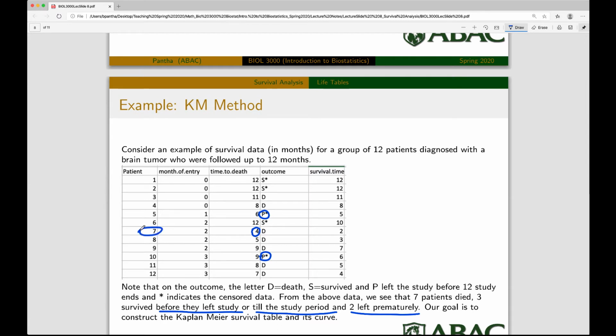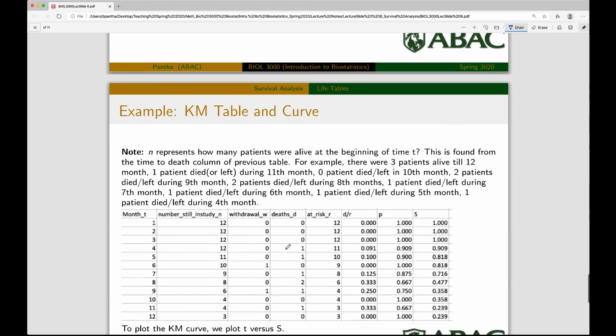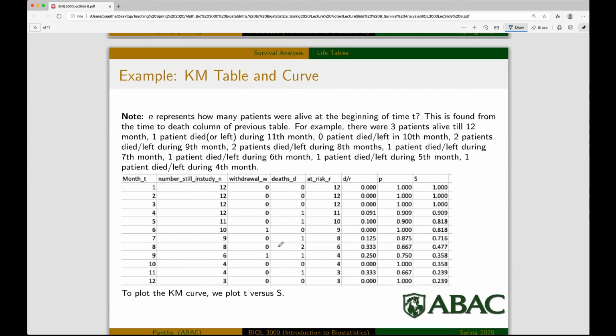Patient 7 died on month 4, right? It is D. And patient 8 died in month 5. So one patient died between month 4 and 5. There you go. So on month 4, one person died here, right?